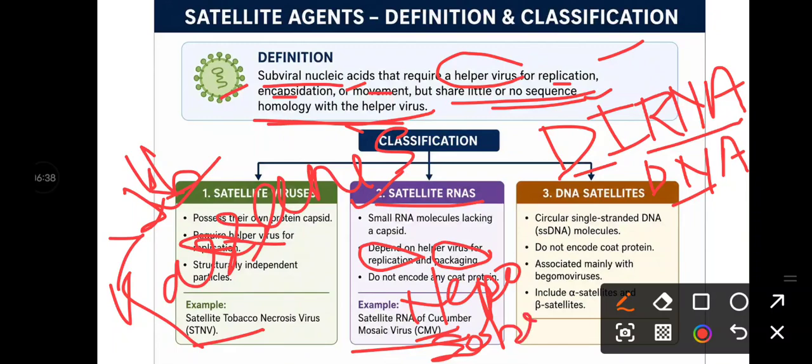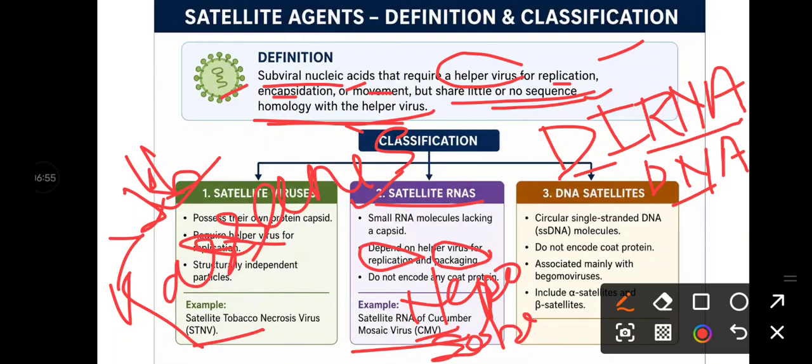Nepo means nematode transmitting virus, and Sobemo means southern bean mosaic virus. So for these three viruses, CMV, Nepo and Sobemo, satellite RNAs are commonly associated.